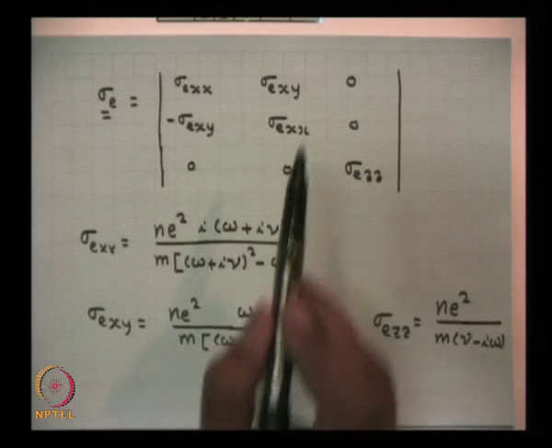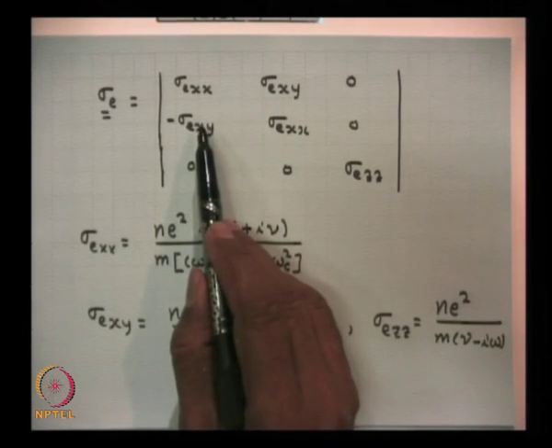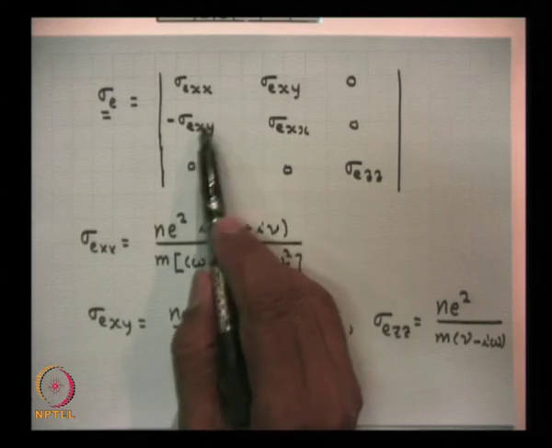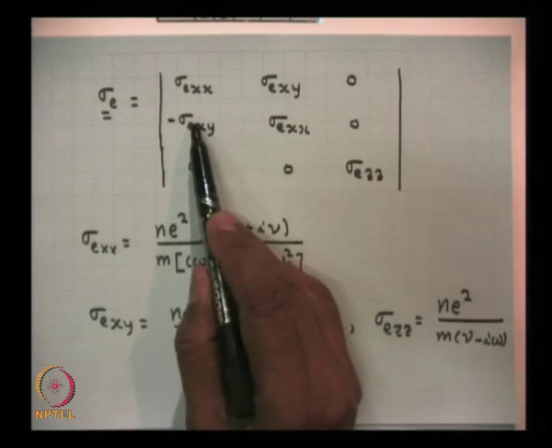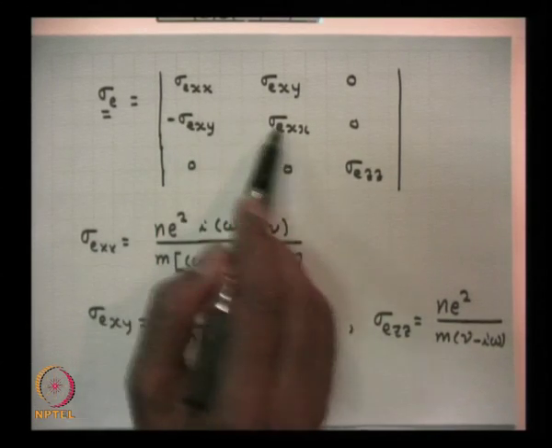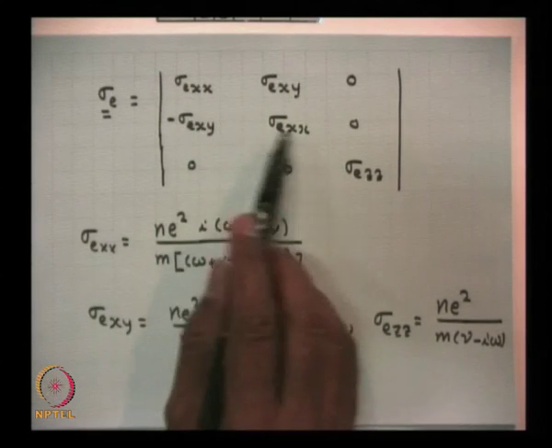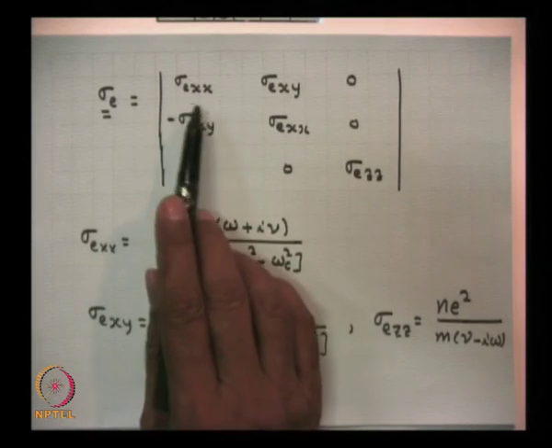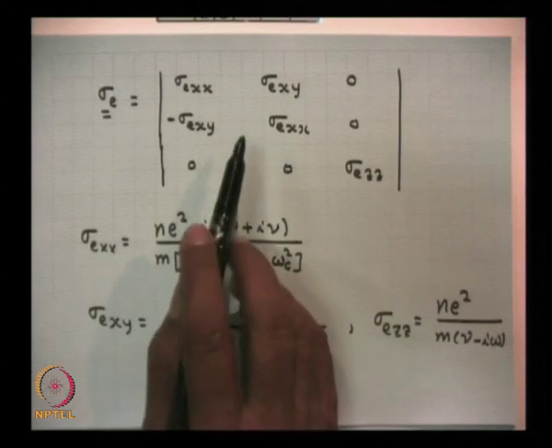So this is a tensor, and the tensor has non-diagonal terms finite, and they are of opposite sign. Two of the diagonal terms are equal, but the third one is not equal. This anisotropy is a characteristic of a magnetic field or a magnetized plasma.